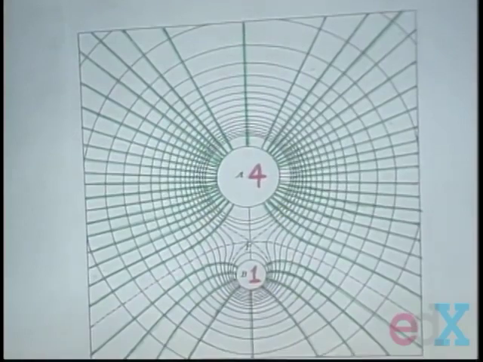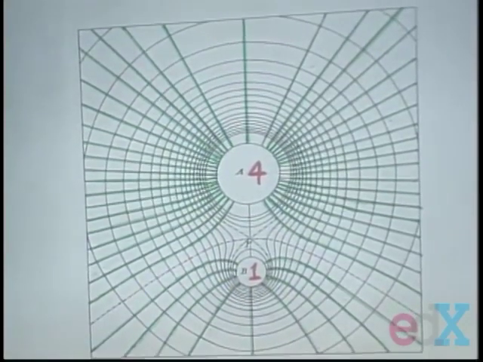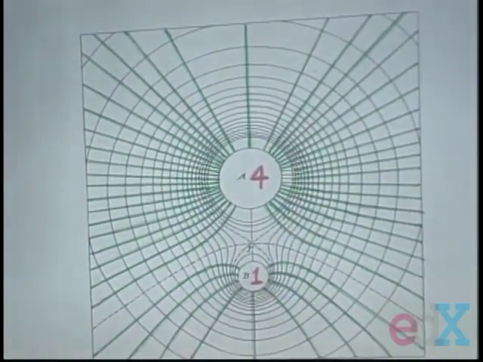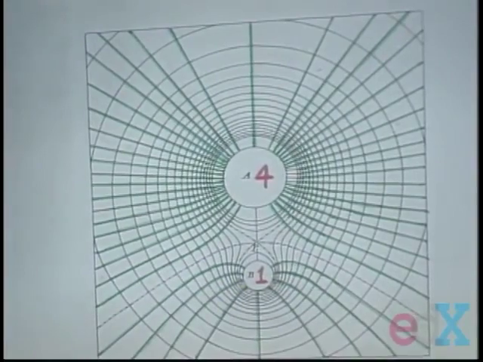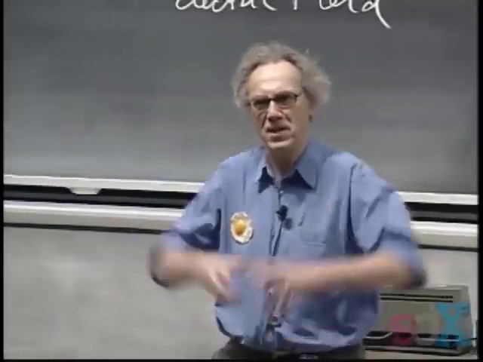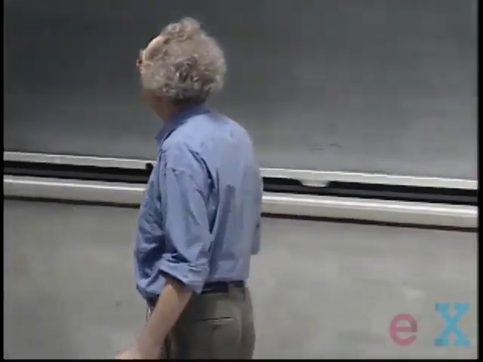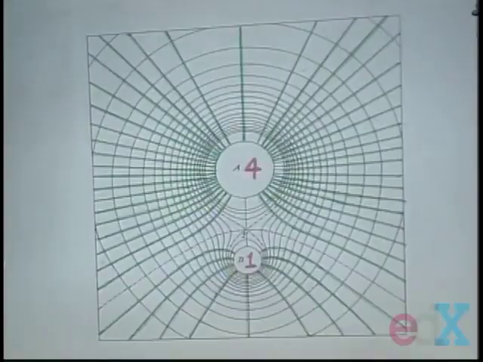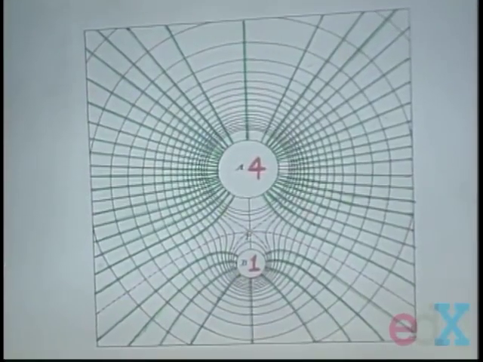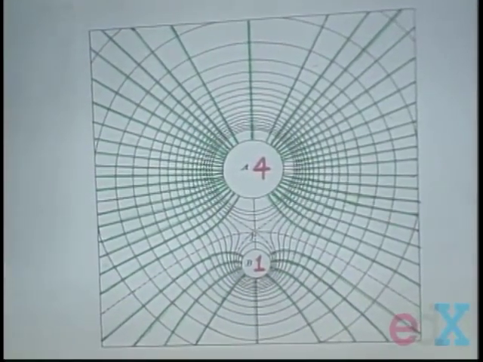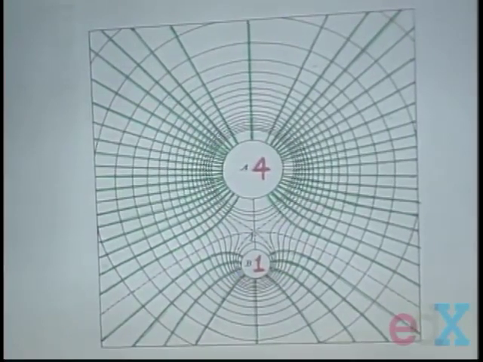So I leave it up to you. If it's +4 and +1, you have to put arrows going outwards. And what you see now here is this air blower effect. Think of them as both being positive. So there is the +4 trying to blow air out like a hairdryer, and the +1 is trying to do its own thing, and so you get a field configuration, field lines, which are not perhaps easy, but you can sort of imagine why it has this peculiar shape.